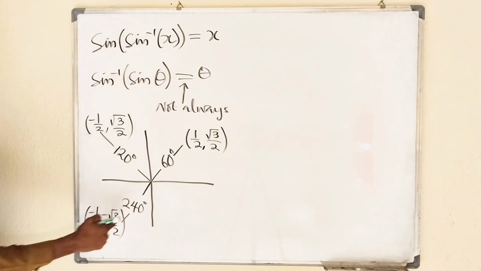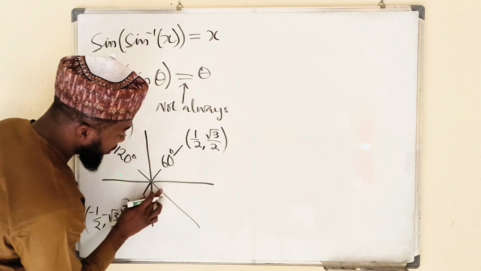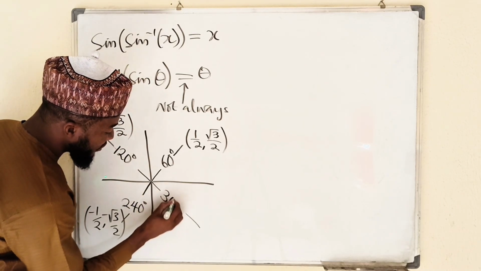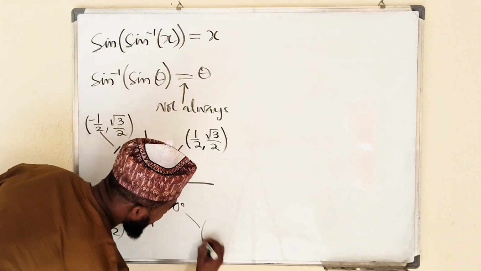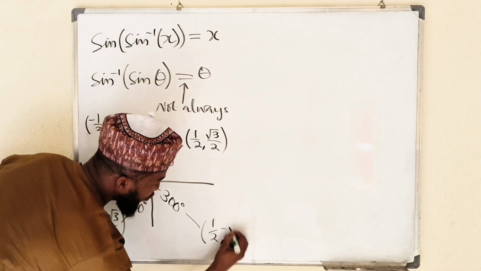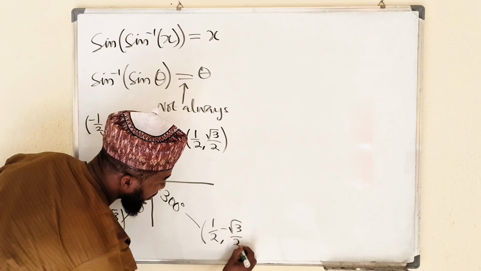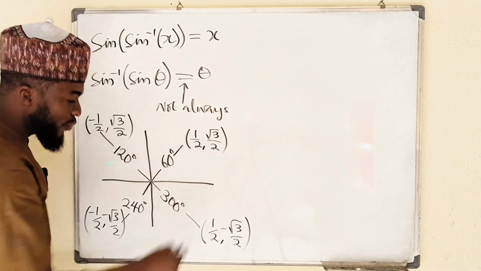This is the coordinate in the third quadrant. Then here, it will be 300 degrees. The coordinate will be, for x, positive, but for y, negative, because y here is negative, but x is positive here.